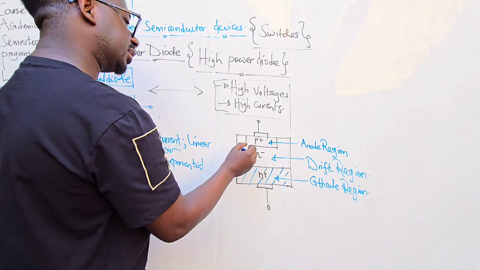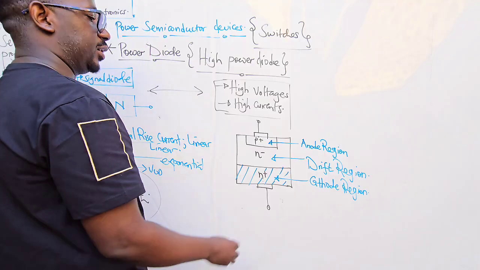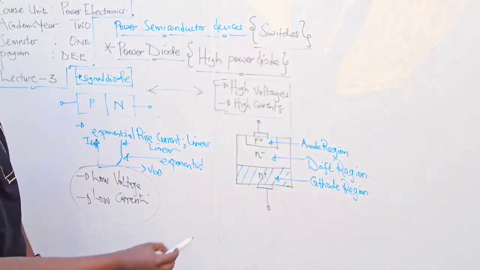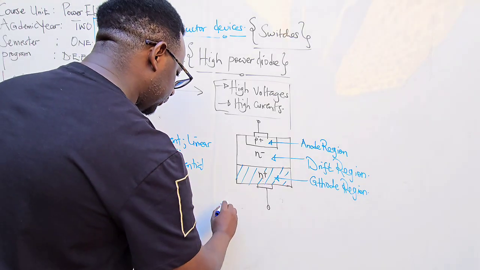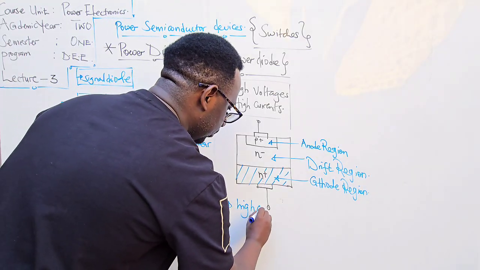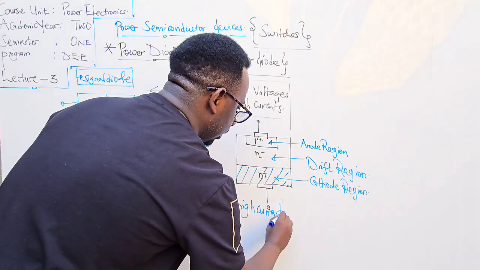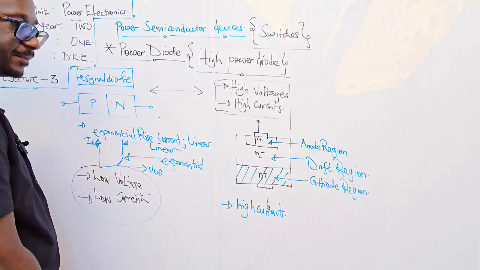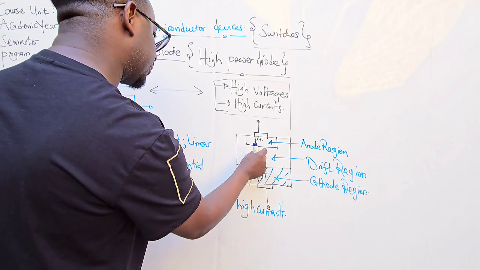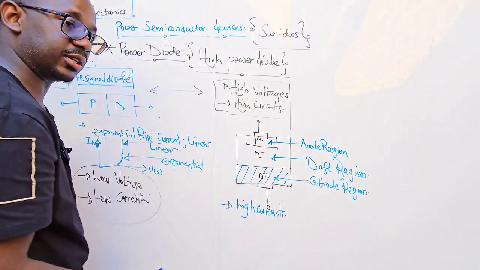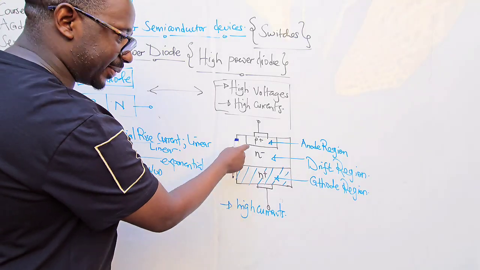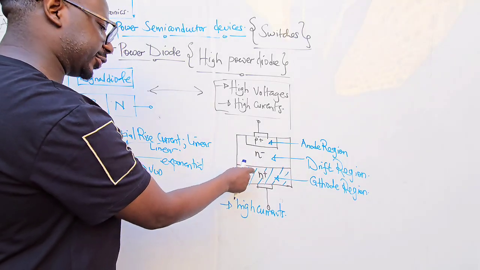And this is a region that is heavily doped with positive charge carriers, call them holes. This construction gives the power diode the ability to handle high currents in forward bias. It has an extra layer with a different doping concentration, still n-type, but the concentration is different.